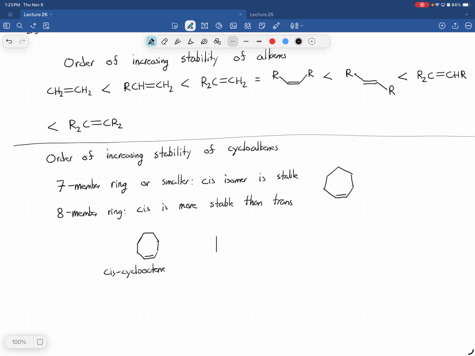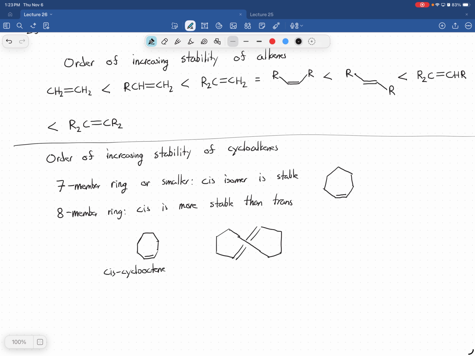So the trans one looks a little funky. So let's just draw this really quick. All right, so I'm going to draw the double bond. It's coming behind this bond. Sorry, let's just draw like this. So you get this kind of, remember that twist boat?